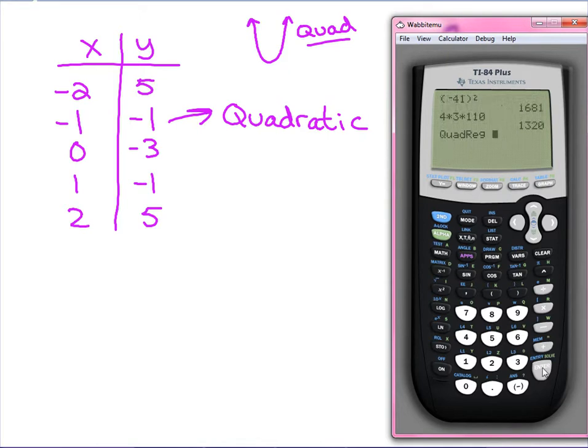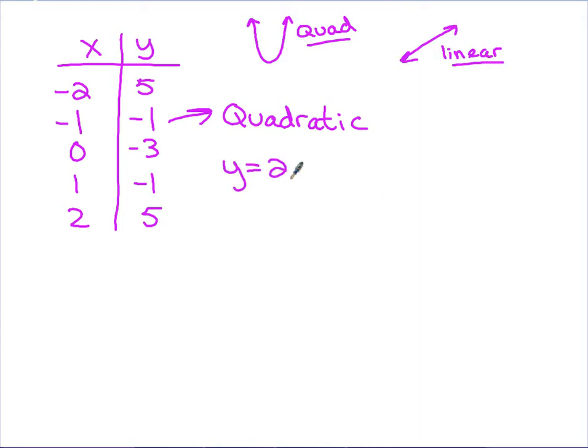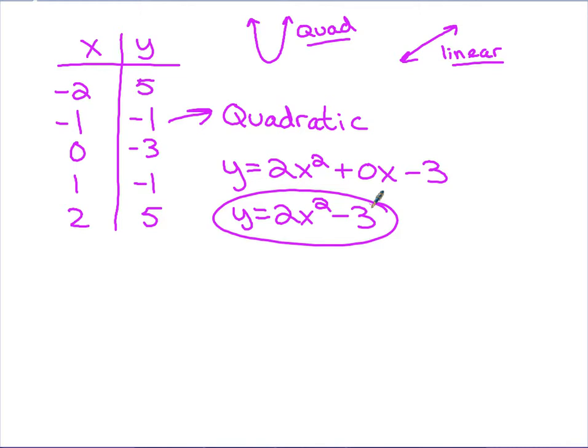Enter, enter again, and it gives you the quadratic. So it's 2x squared plus 0x minus 3. And since there are no x's, these guys are missing, we just write it like this. Just leave him out, since he doesn't exist anyway.